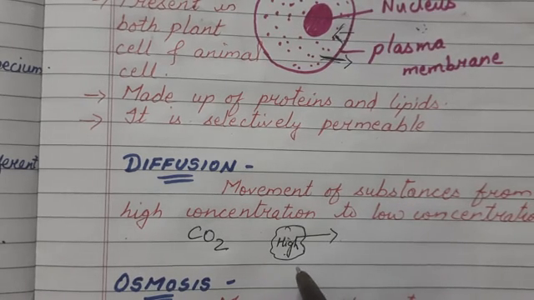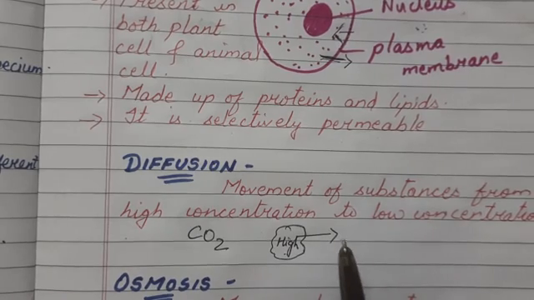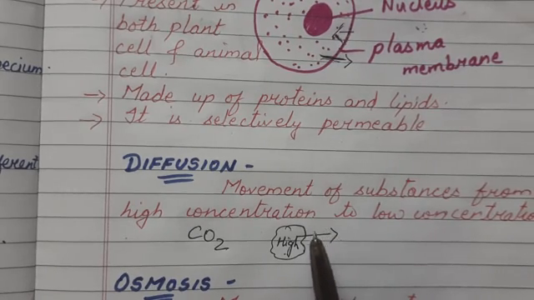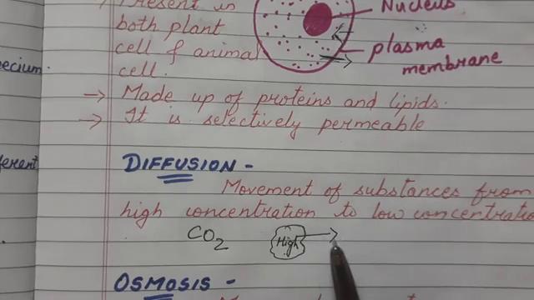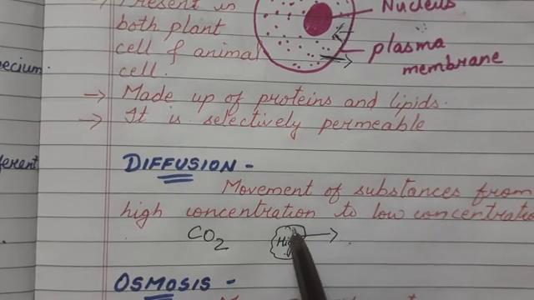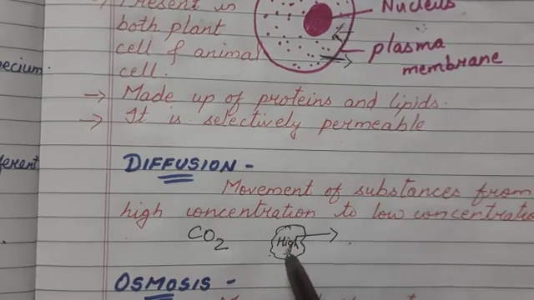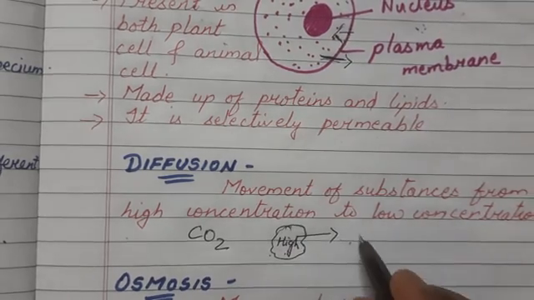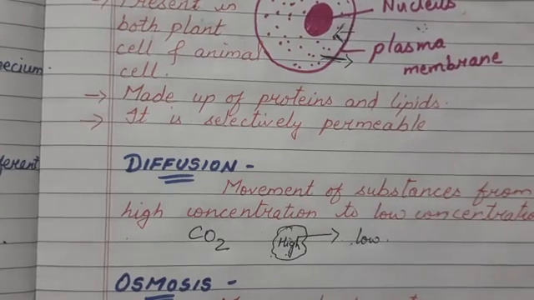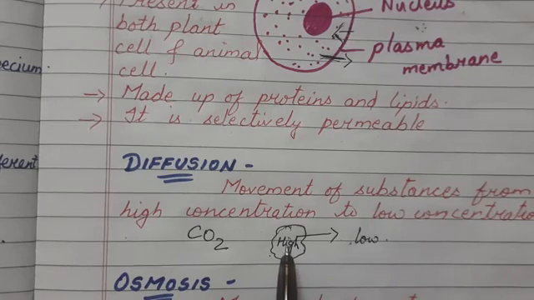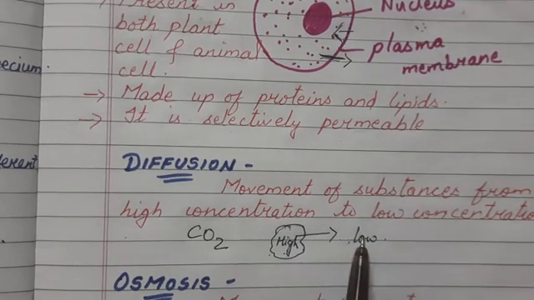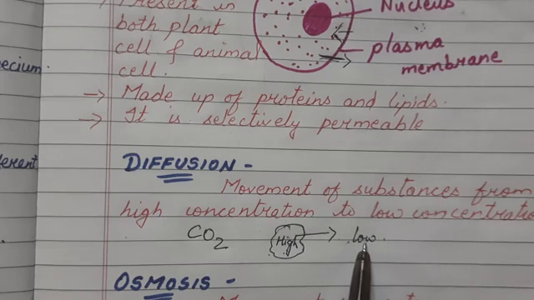Because in the process of diffusion, the substances move from a region of high concentration to a low concentration. Inside the cell the concentration is high, and outside the cell the concentration is low. So the carbon dioxide will move from inside the cell to outside the cell.